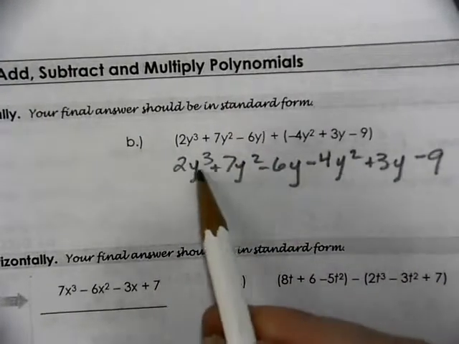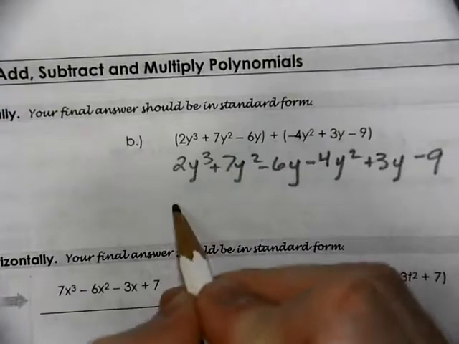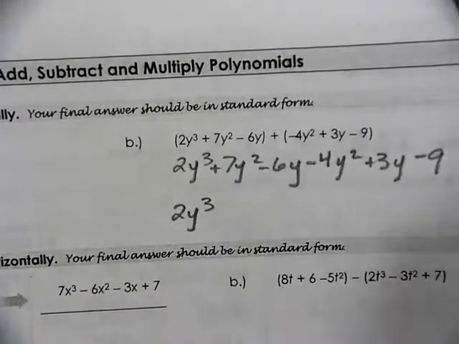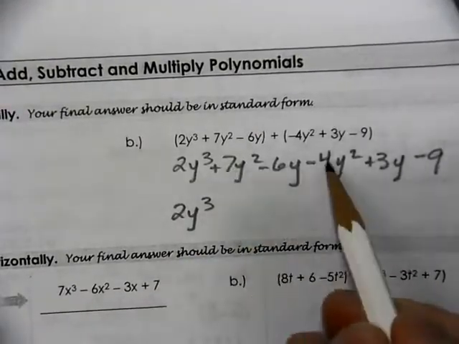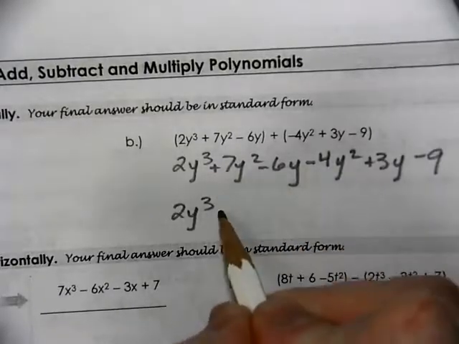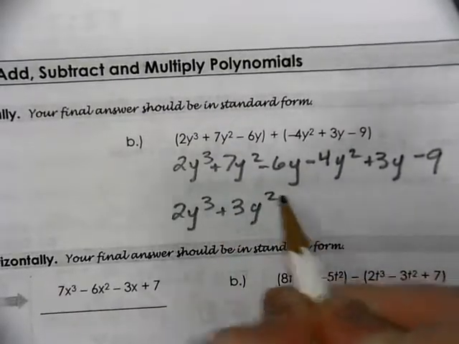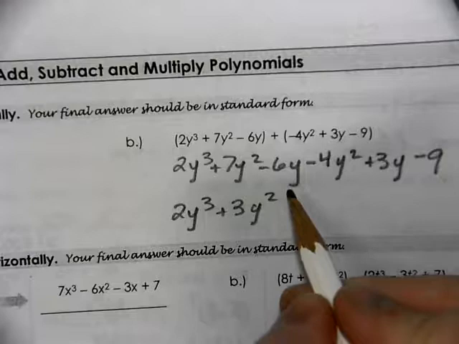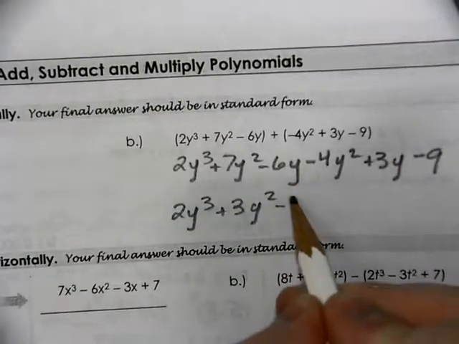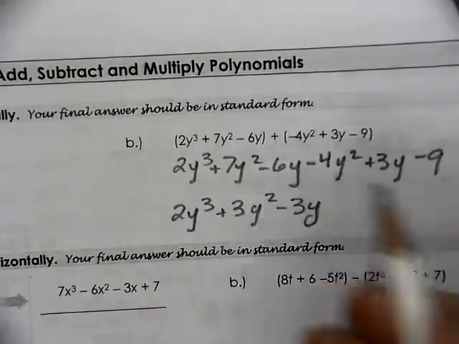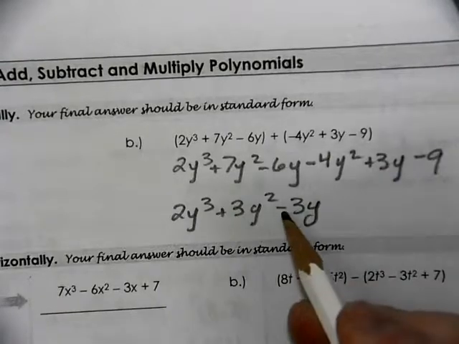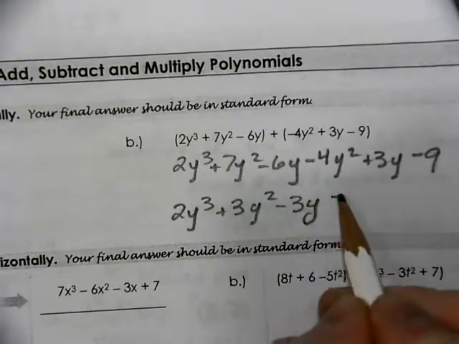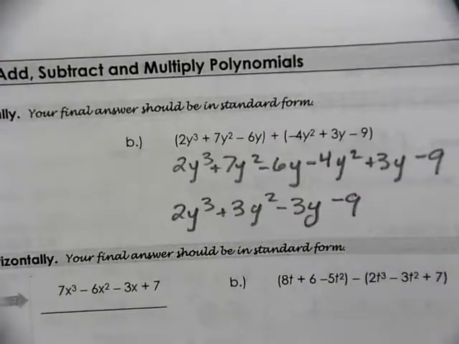So your like terms, there's only one term in here with the largest exponent. And then we have a 7 and a -4 to give you 3y squared. And with the y's to the first power, -6 and +3 give you -3, and we end with -9.